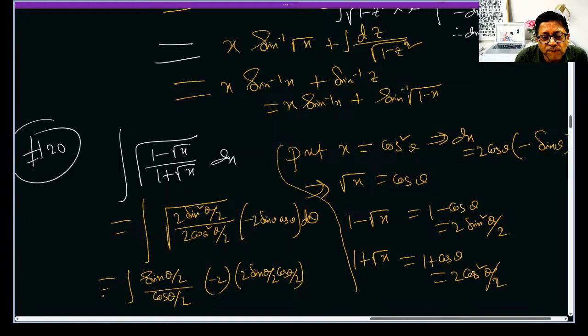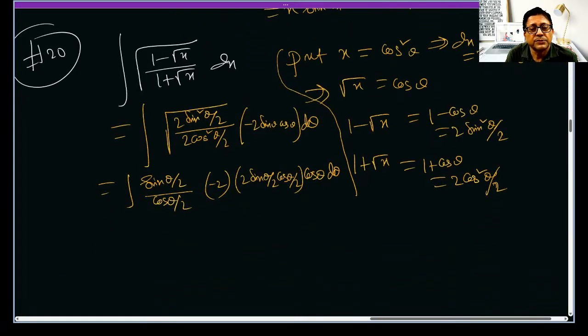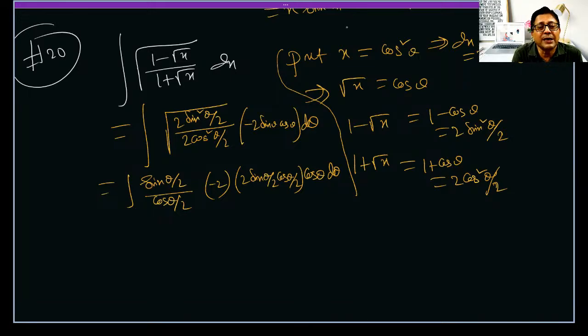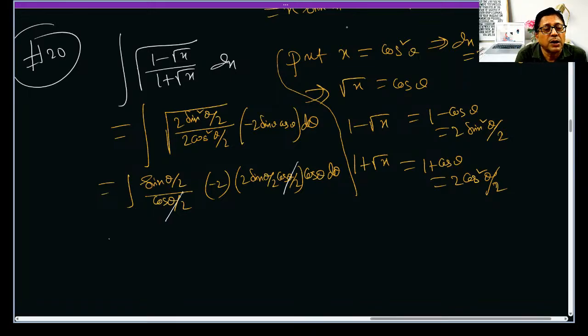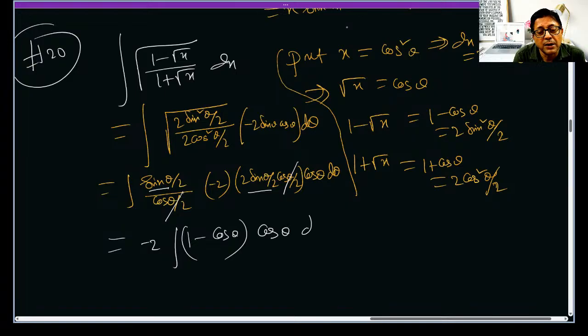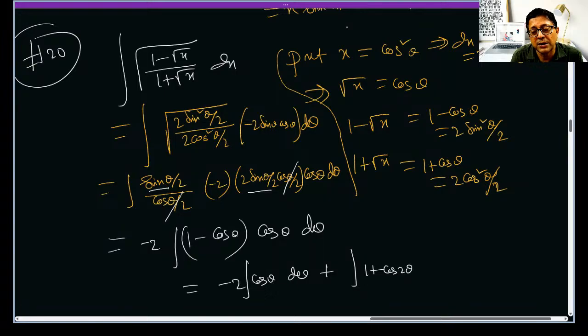Multiplied by cos theta d theta. So cos theta by 2 getting cancelled, strike it out, and it will be minus 2 sin theta into sin theta, 2 sin square theta by 2, which is nothing but 1 minus cos theta, minus 2 cos theta d theta plus 2 cos square theta, isn't it?